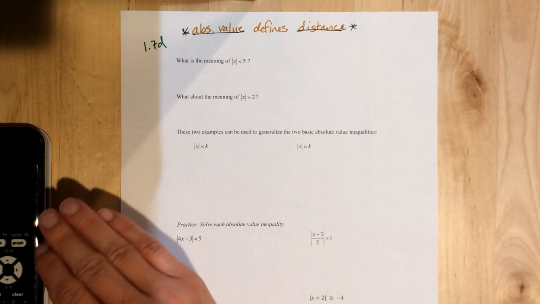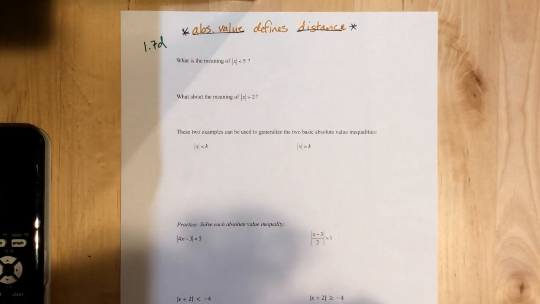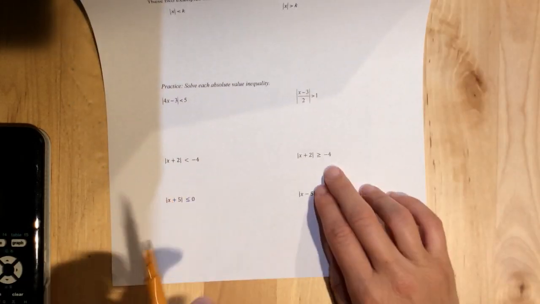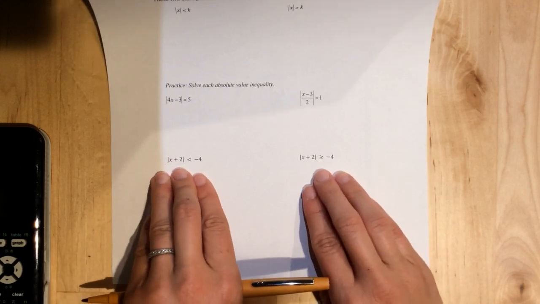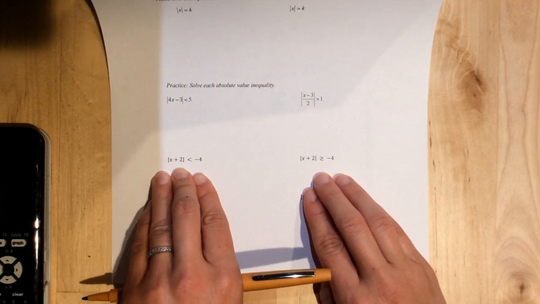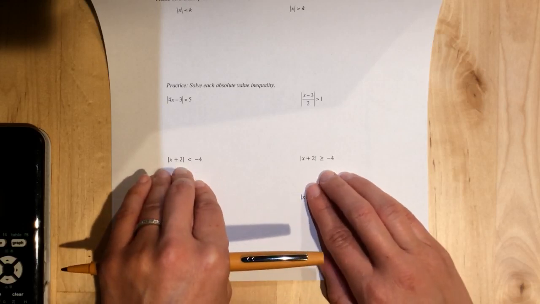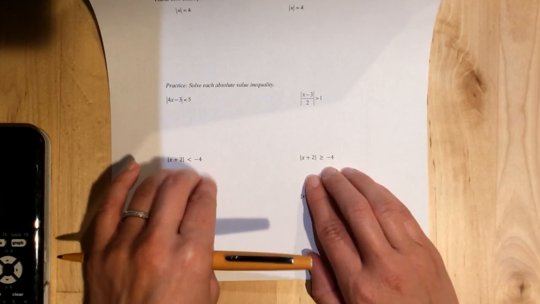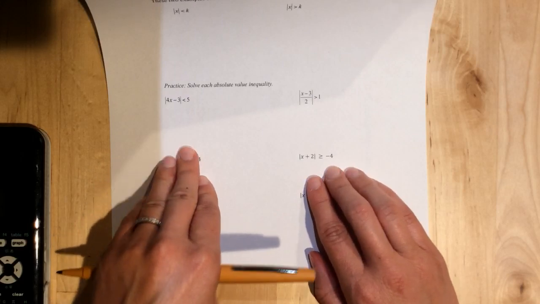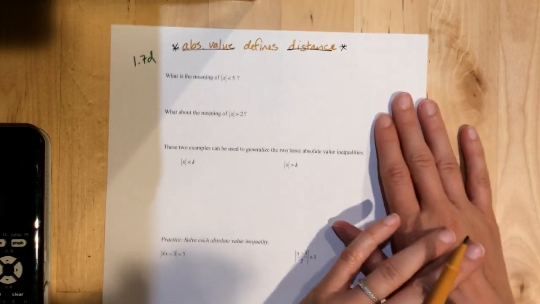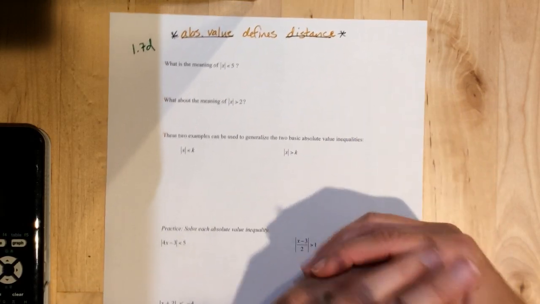But now that we have inequalities, we're kind of playing around with the idea of absolute value's relationship to a negative. So at the bottom of the page, you'll see here we've got an absolute value is less than -4, or an absolute value is greater than or equal to -4. Well, so we're going to talk about its relationship to negative. But remember, typically speaking, absolute values are positive because they are defining distance.